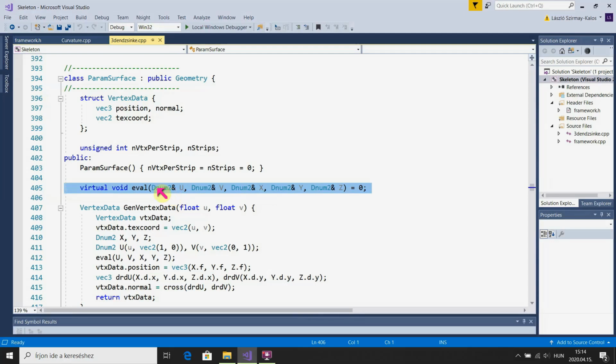So to prepare for automatic derivation, we replace normal floats by these dual number types.